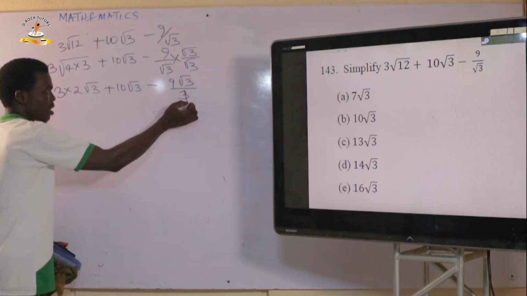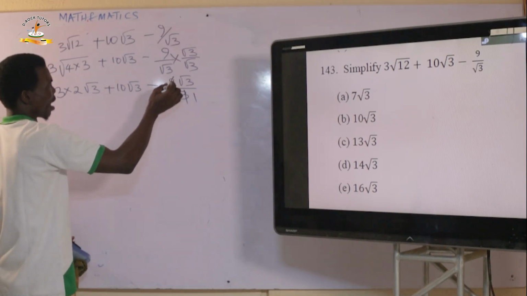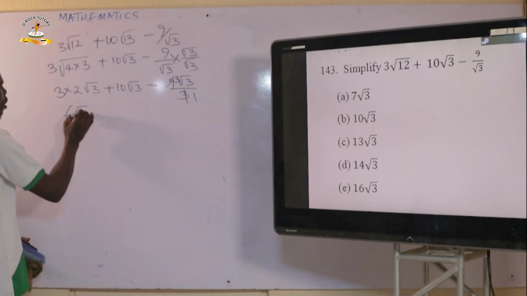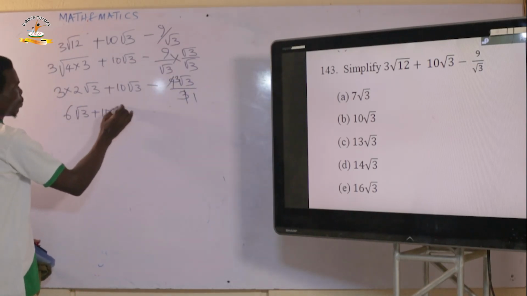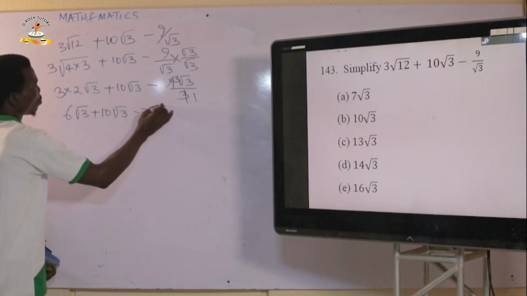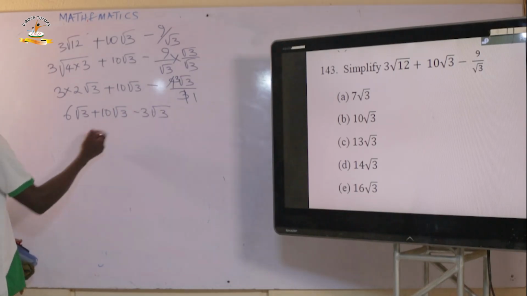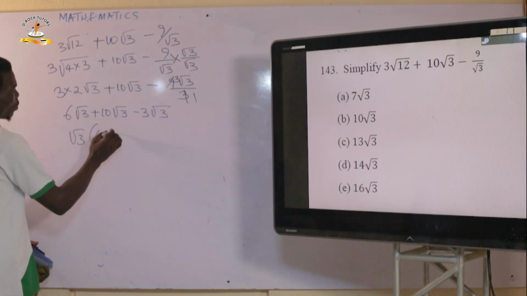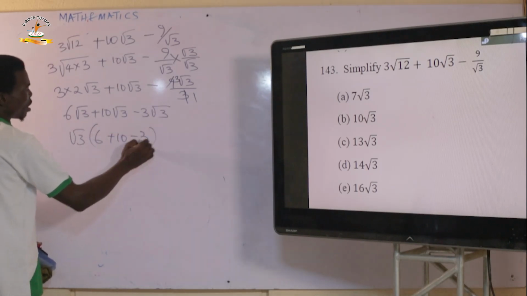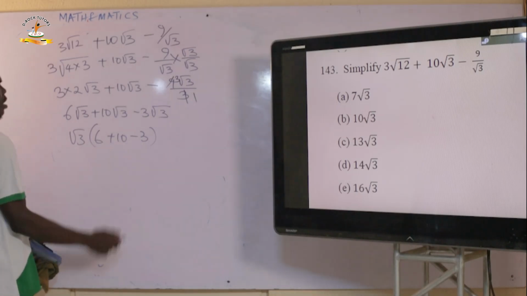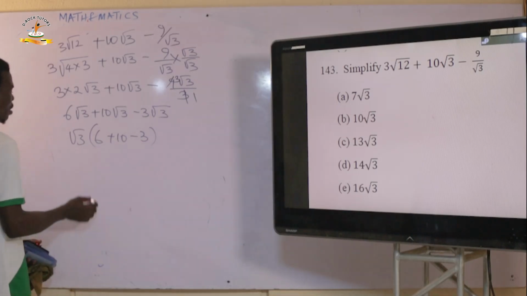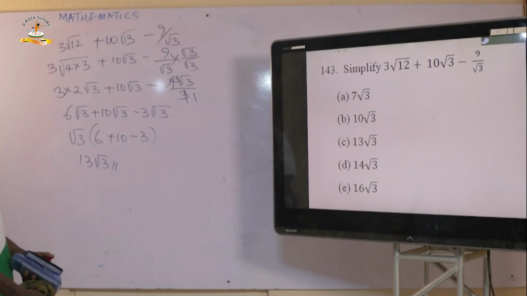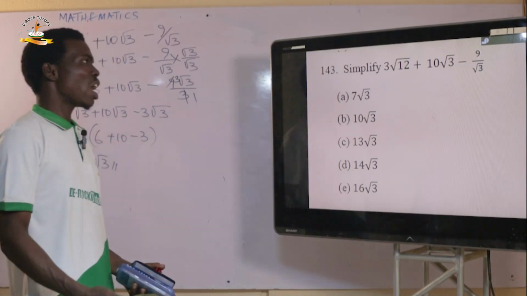And at a glance, we can see that this 3 can go into this 9 to give 3. So this is going to be 6 root 3 plus 10 root 3 minus 3 root 3. So since root 3 is common, I can bring root 3 out and say what is left here? 6 plus 10 minus 3. And what is it? 6 plus 10 is 16, minus 3 is 13. So your answer will be 13 root 3. And that is going to be option C. Our next question.